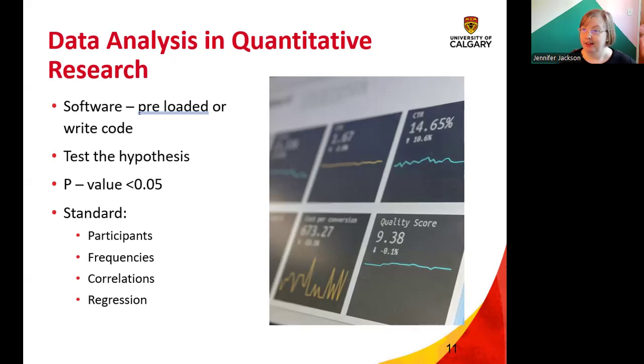So you put in, these are the scores for my independent variable, and these are the scores for my dependent variable. And then you get the software to test the hypothesis. If you want to do really fancy stuff, like modeling and machine learning, you can write your own code for it. That's about the limit of my knowledge on that subject.